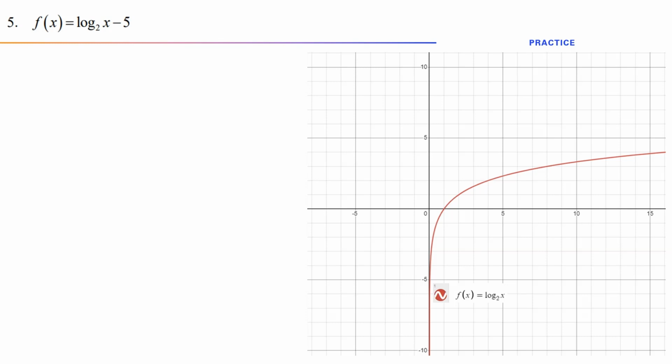Okay, so for this graph, we know that the parent function f of x is equal to log base 2 of x. And then this -5 is outside. So it should look like this. The x is the argument of the log, and then -5 is outside.